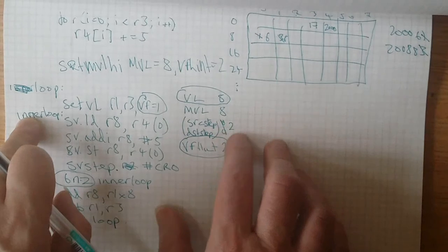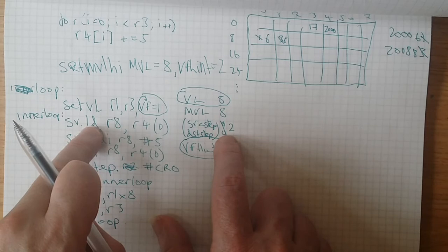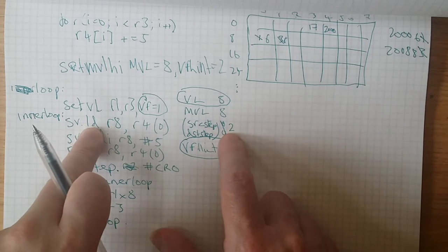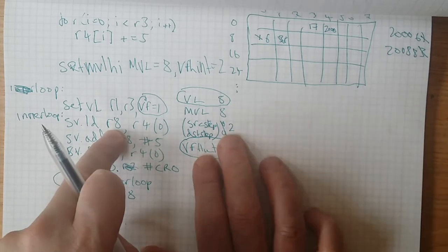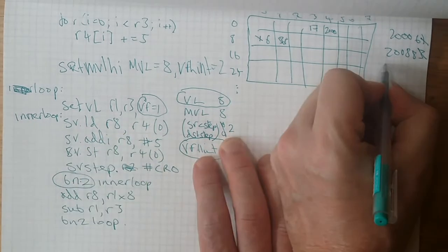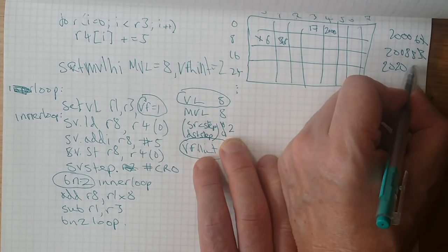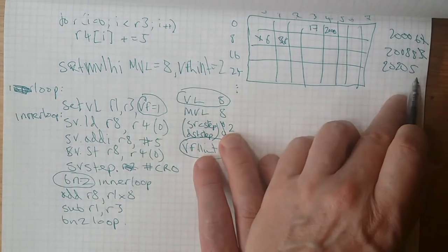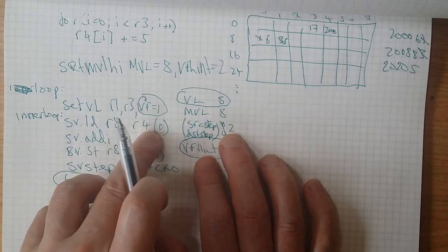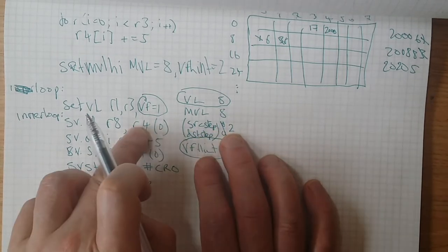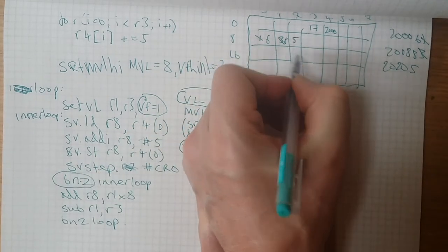Now, when we execute this SV load, source step and dest step are set to 2. R8 plus 2 is R10. Address 2020 has the value 5. 5 is loaded from memory, at offset of R4 plus source step times 8, and the value 5 is loaded into register 10.